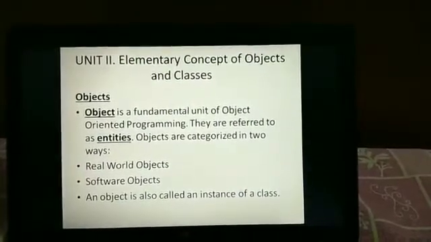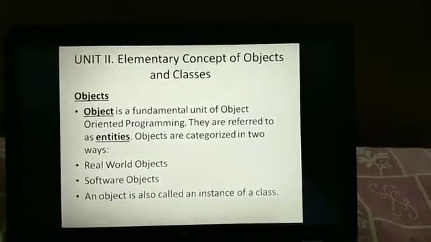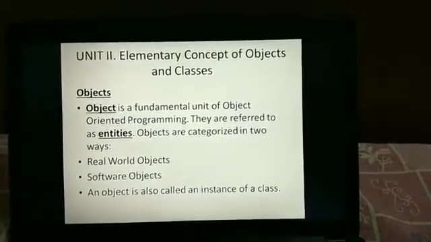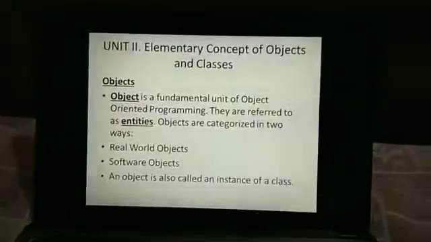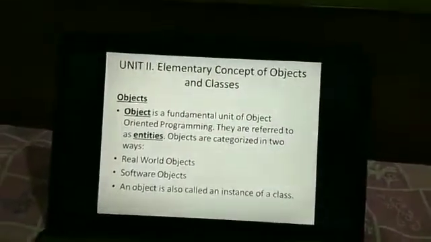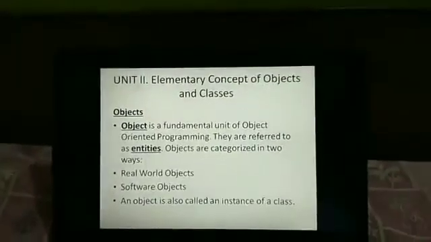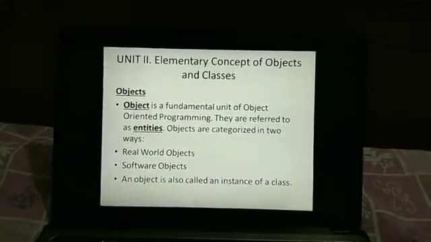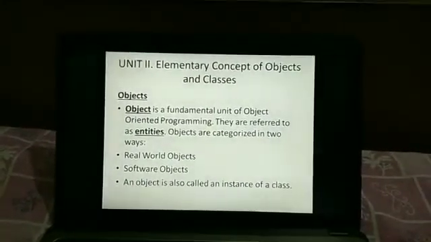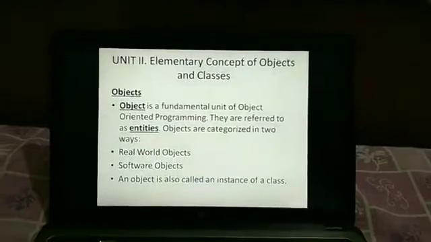They are also referred to as entities. Objects are categorized in two ways: real world objects as well as software world objects. An object is also called an instance of a class.